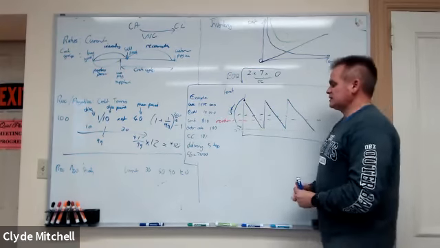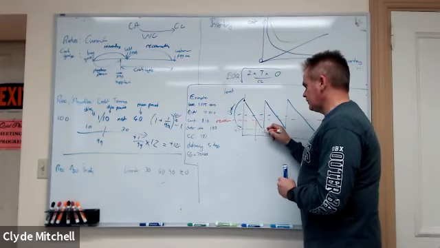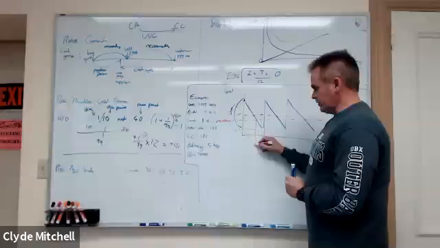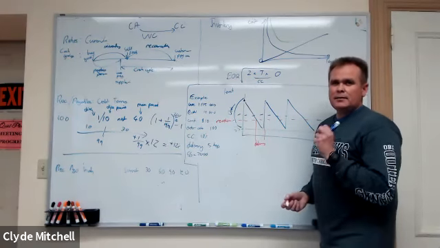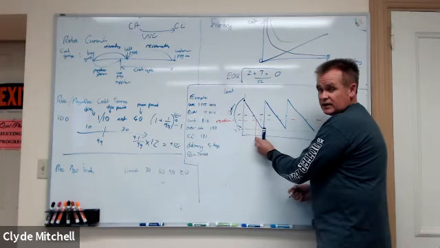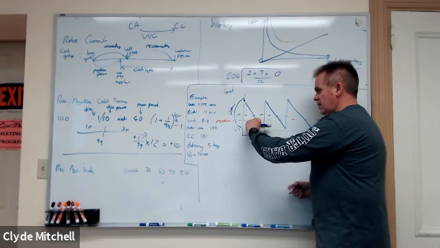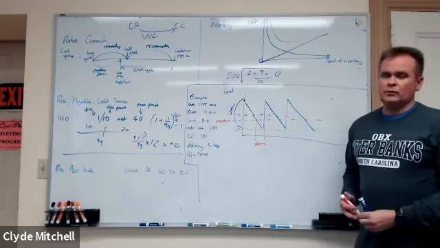Well, we want to say, what is the normal delivery period? So if the normal delivery period is, say, 2 days, how much inventory will we use in 2 days? You take that 2-day period times the average inventory you use, and that gets added to your safety stock, and that will give you your reorder point.